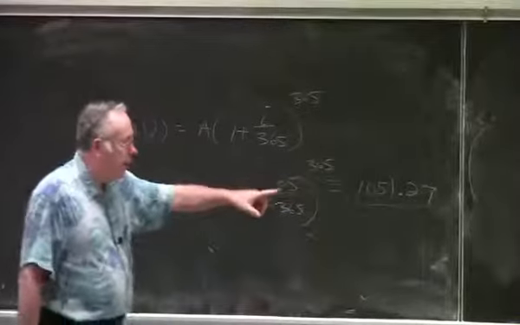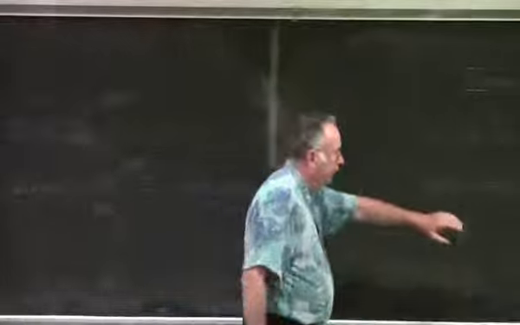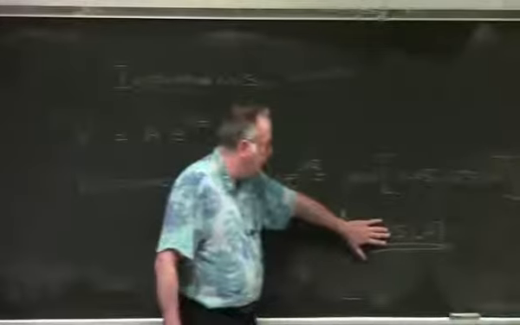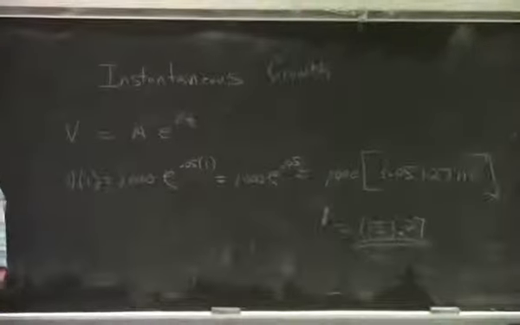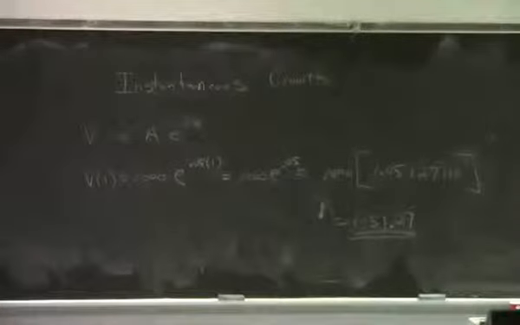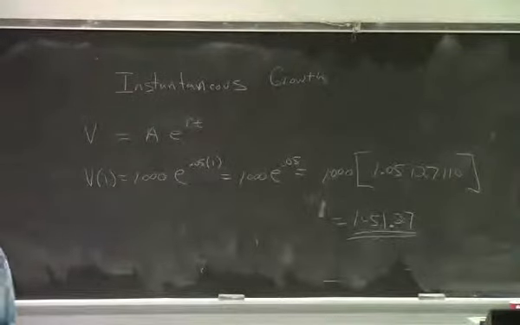Now, if you carried the digits out further, this number would be a little bit greater than this. Okay, but rounding off, they're actually the same. So compounding daily is almost the same as compounding instantaneously.